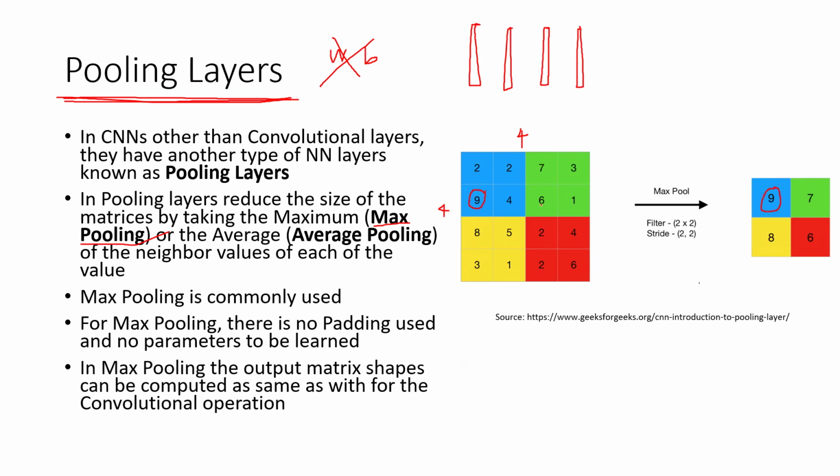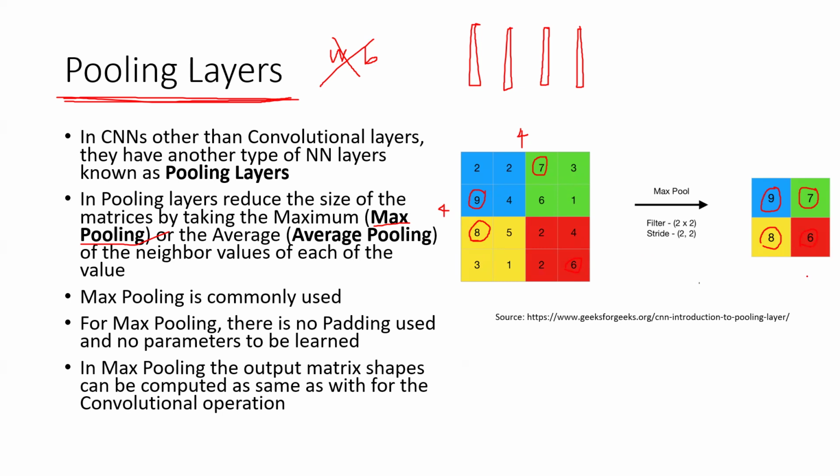Similarly, when you take the green color pool, you get the pooling value 7, and you give it as the resultant matrix value. For the yellow color also, you take 8 as the pooled value, and for the red pool you take 6, which is the largest value, and take the output, right?